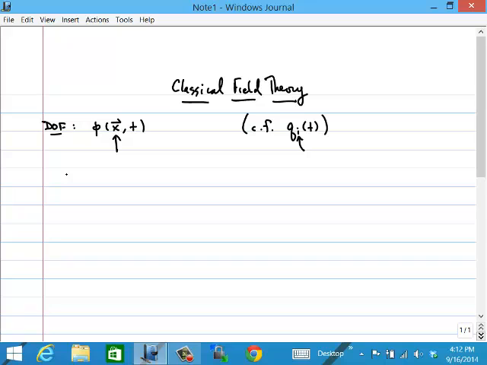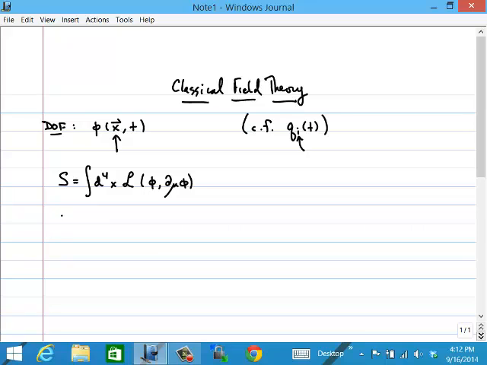Okay. For example, the dynamics is determined by the minimization of an action, which is the integral of some local quantity called the Lagrangian density that is a function of the field and its derivatives. And this is, of course, the generalization of the action of classical mechanics, which is an integral dt of a Lagrangian.